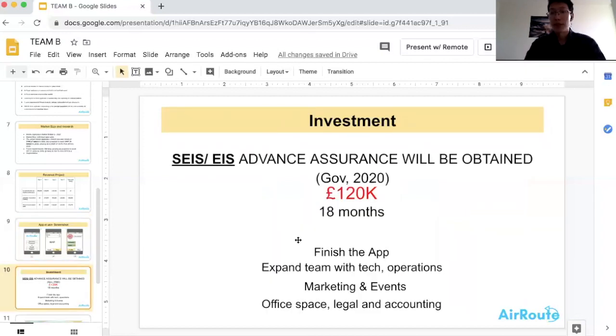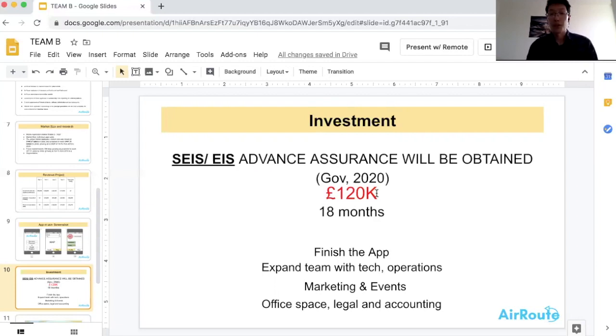So moving on to the investment part, we're trying to get approval for SEIS and EIS, the government initiative to bring investment into startups like us, giving back to investors a 50% yearly tax reduction. What we're looking for is 120,000 pounds over 18 months or so.